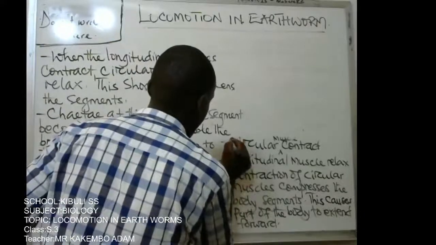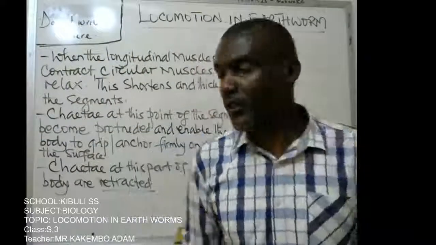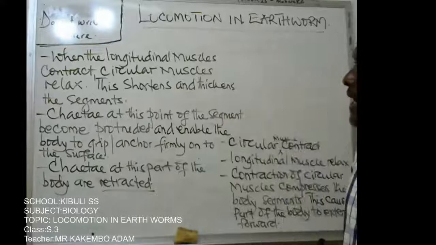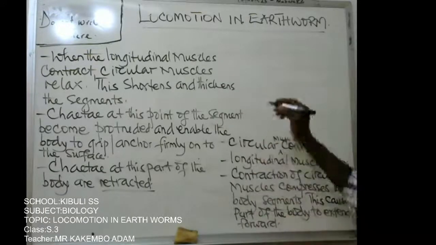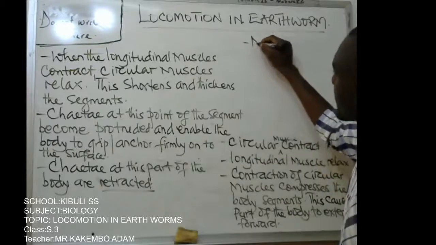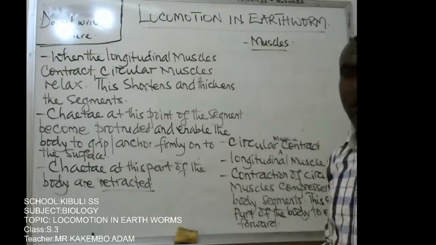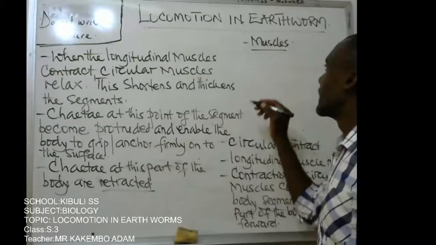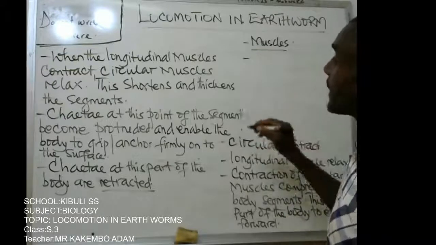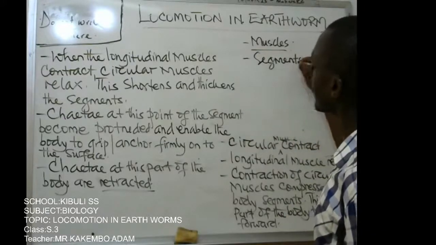Members, I want you to take notes of how an earthworm achieves locomotion. The role of the muscles is very important. It is key in locomotion of an earthworm. Then, the role of the segments, the appearance of the segments.